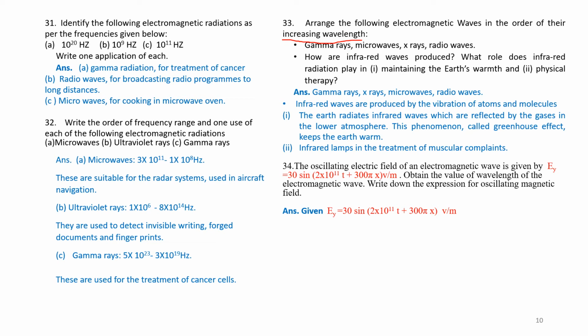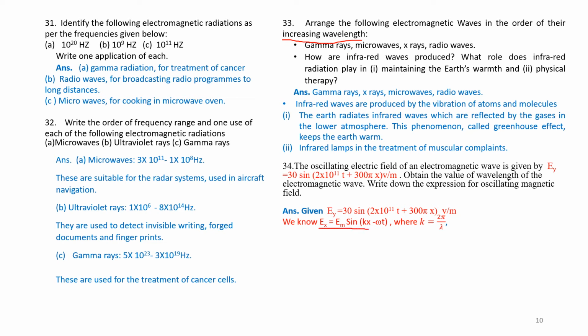Answer. Given: Ey equals 30 sine of (2 into 10 to the power of 11 t plus 300 pi x) volts per meter. It is the given equation. We know from the standard equation that Ex equals Em sine of (kx minus omega t).